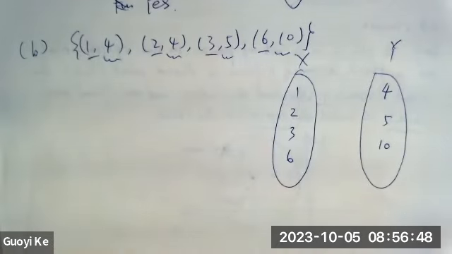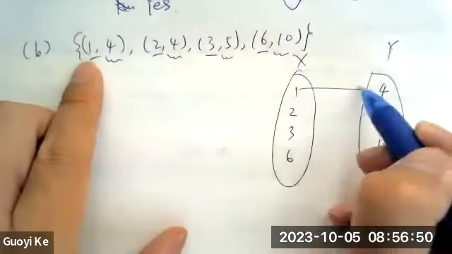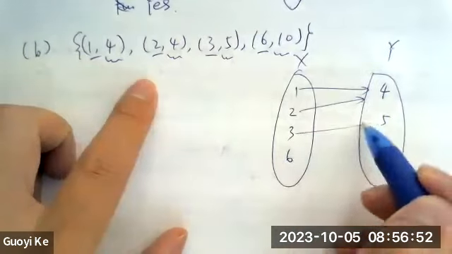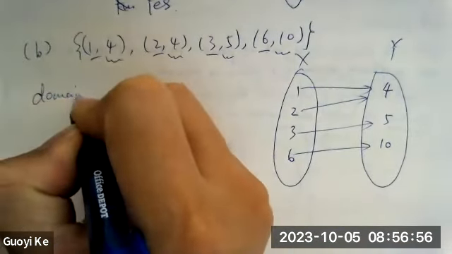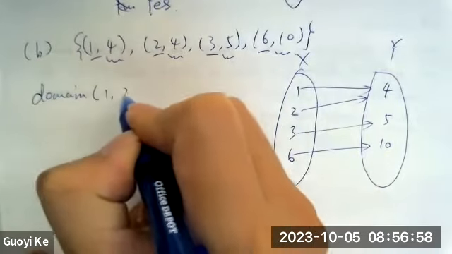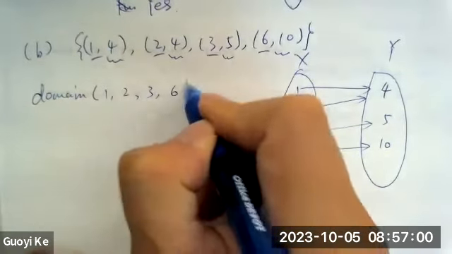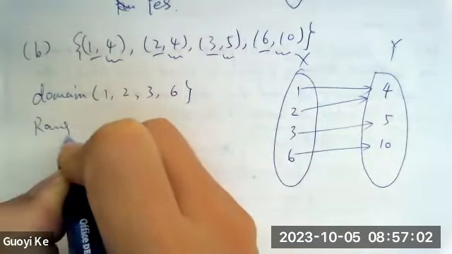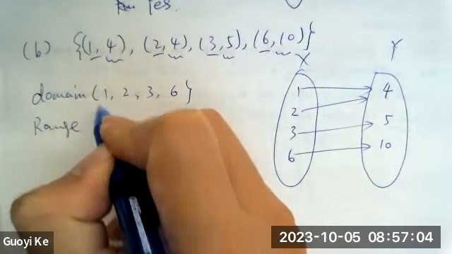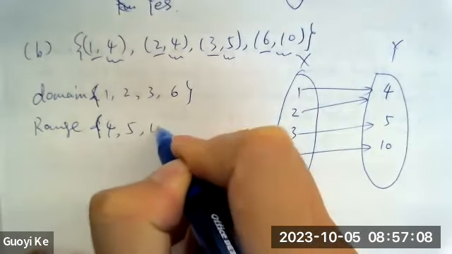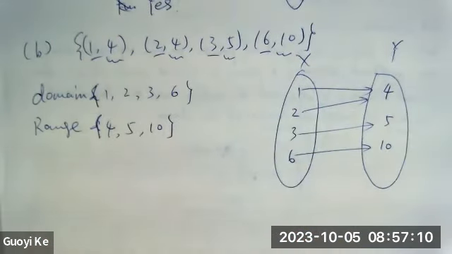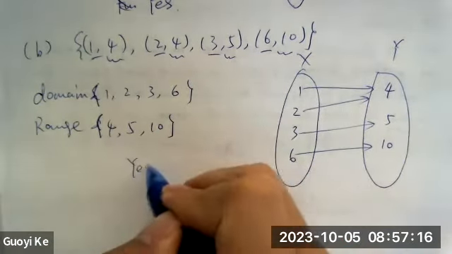That's the rule. Now, 1 to 4, 2 to 4, 3 to 5, 6 to 10. So here the domain is 1, 2, 3, 6, and the range is 4, 5, 10. Okay. Now the question is, is that a function or not? Yes, of course. Now the last one.